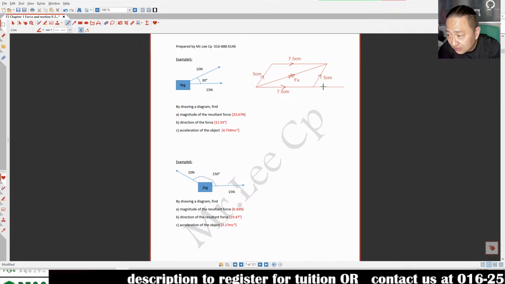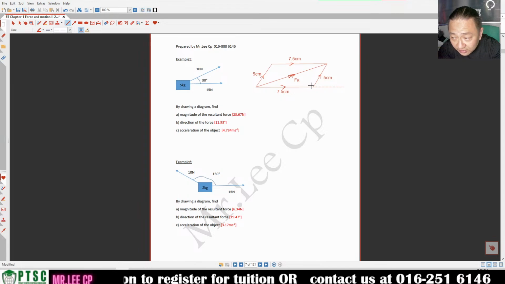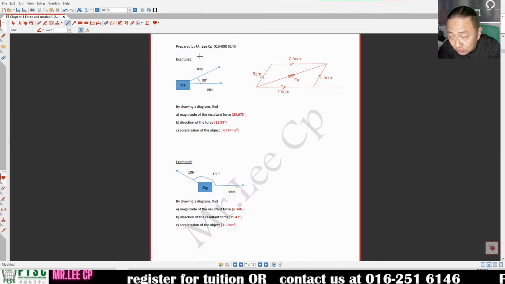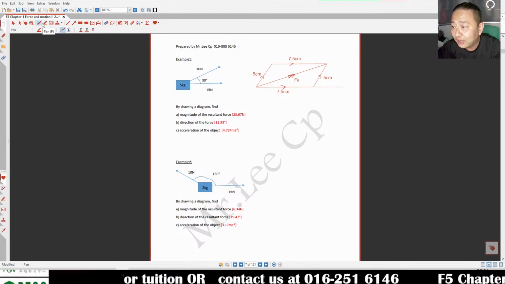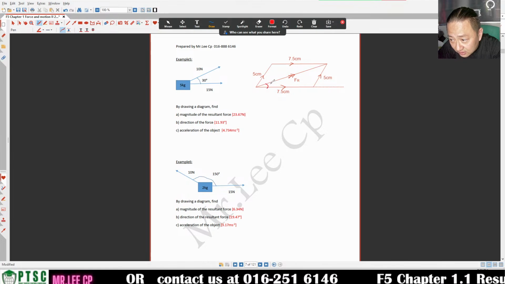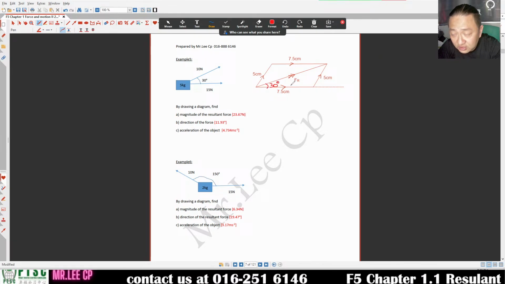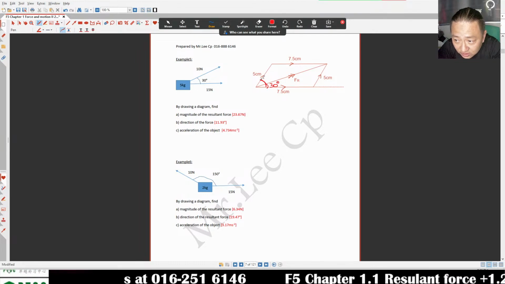This 30 degrees here is in between the 15 and 10. A lot of students get it wrong here, they thought this one would be 30. No, this is not 30 degrees. Whereas this whole thing is 30.